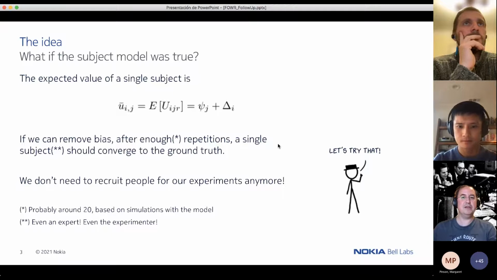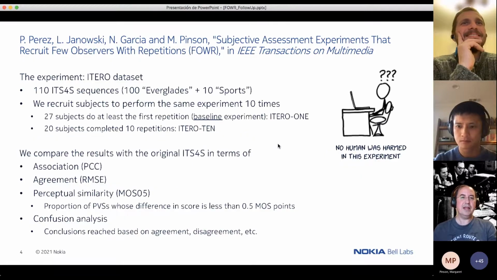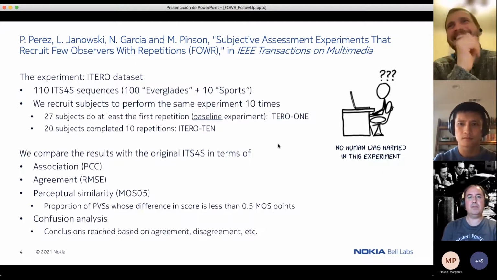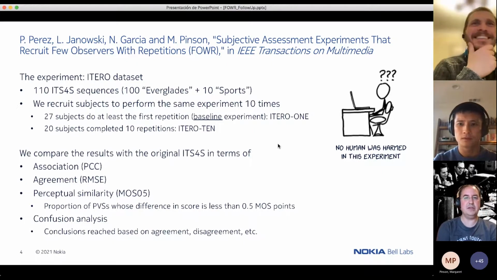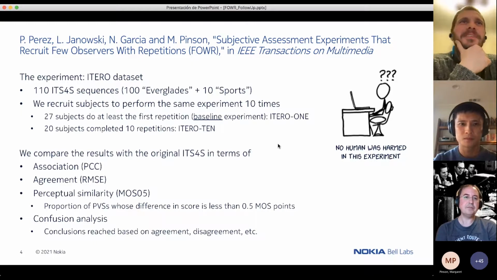You just put yourself a lot of times in front of the screen and you rate your own content, which would be very nice. And we did an experiment trying to validate that, which is already published in early access in IEEE Transactions on Multimedia.